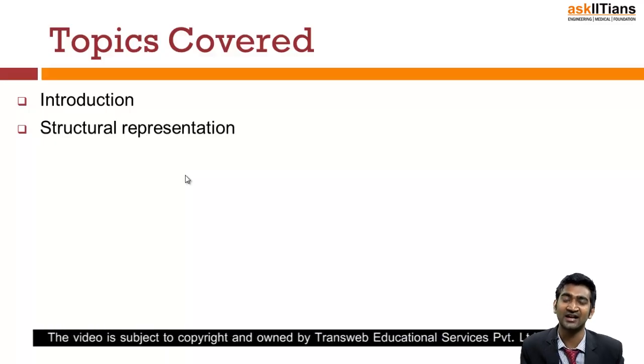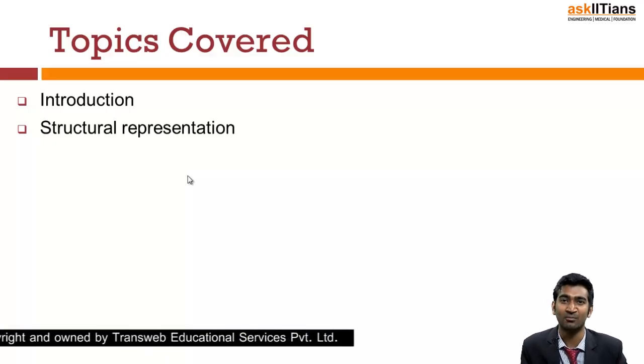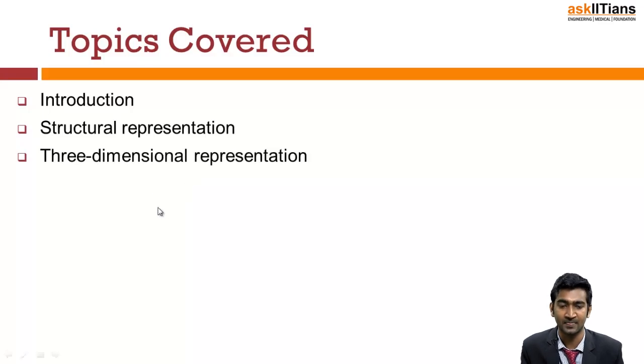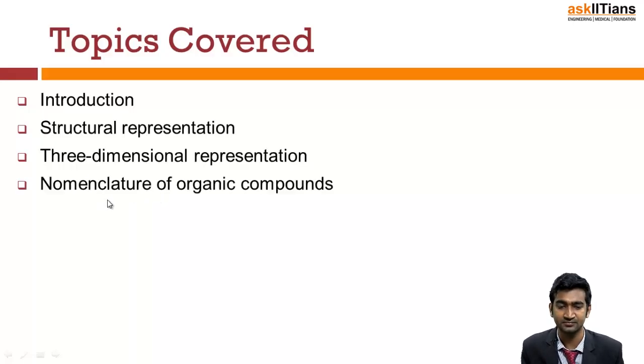It is known as condensed formula, bond line diagram, solid and wedge projection, sawhorse projection. There are many steps which we are going to learn in the structural representation. I will also tell you those representations in terms of 3D geometry, that is my 3-dimensional representation.